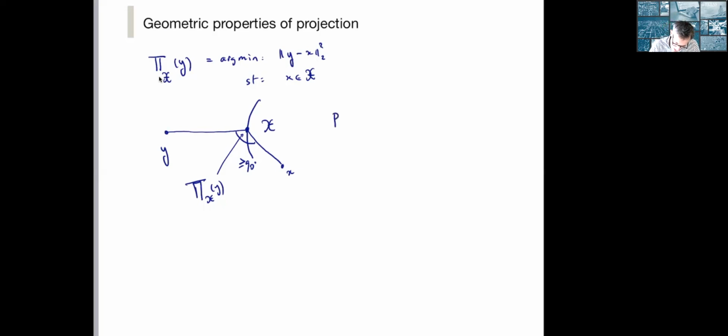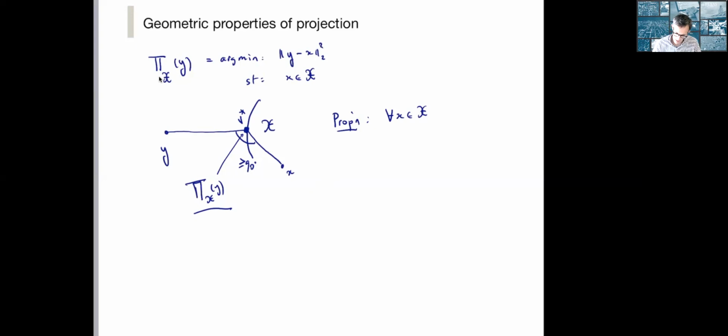I'm going to write this as a proposition. For everything as above, for any x in x, let's actually name this point here v star so that I don't have to keep writing the projection of y onto x. It'll be a little more convenient to just write v star, but v star is a function of the set and also the point y that's not in there.